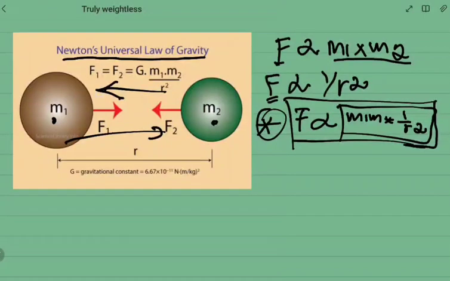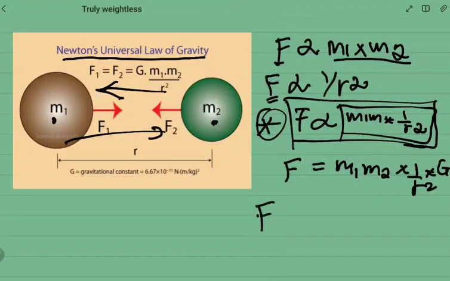The constants are determined experimentally. So the force of attraction between two masses is equal to mass 1 times mass 2 times 1 over r squared times some constant. The name of the constant is G. G is called Newton's gravitational constant, the universal gravitational constant.